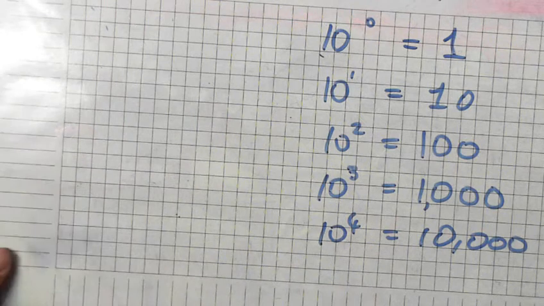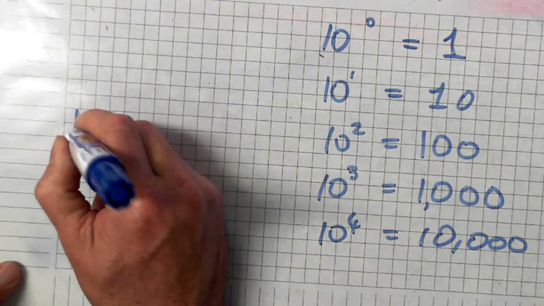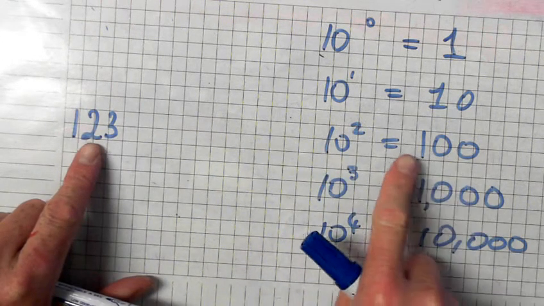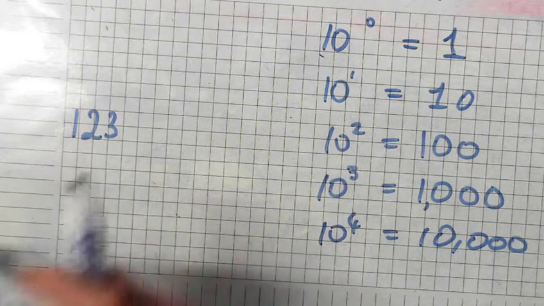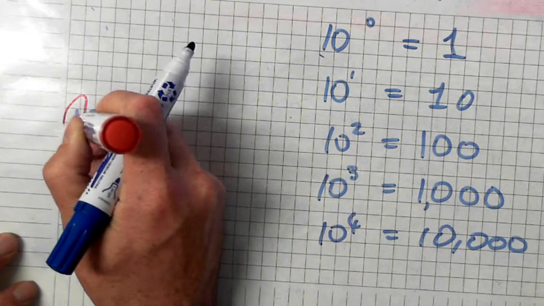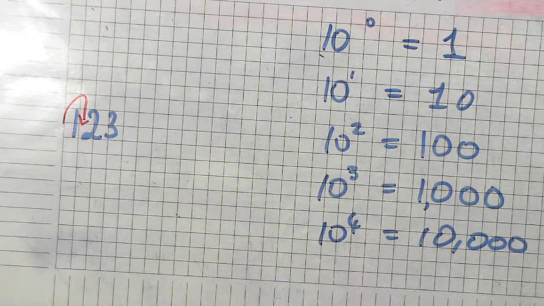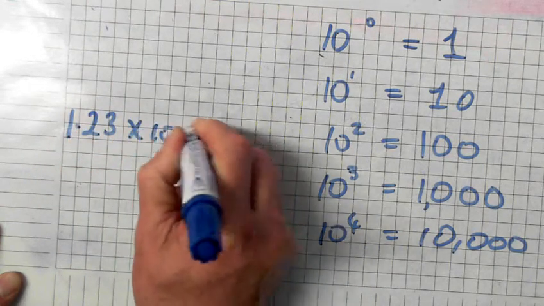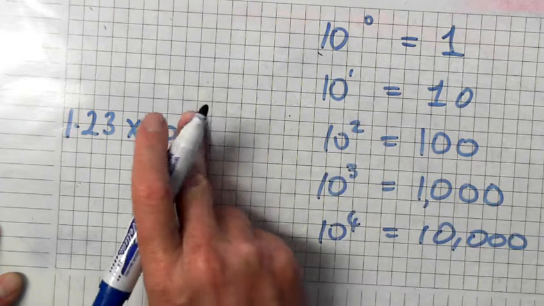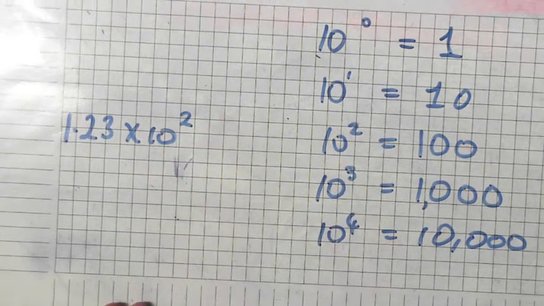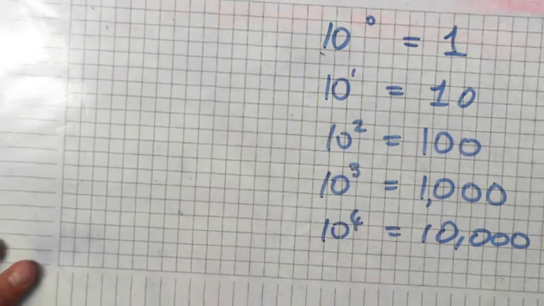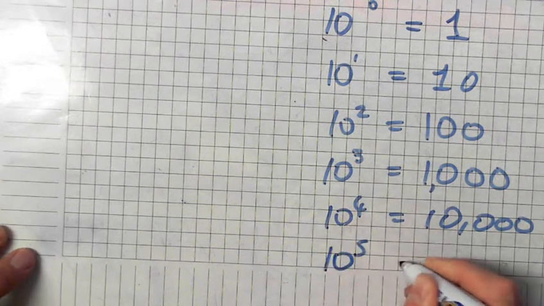Alright, we'll look at another one. 123. How do you write that in scientific notation? Well, because it's 100, move the decimal point to there. That's 1.23 times 100 is 123. A 100 is written as 10 to the 2. Alright. We'll go 10 to the 5.